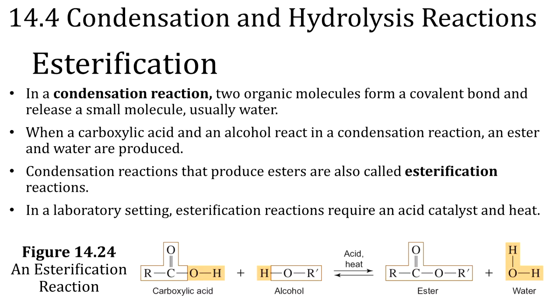The proton on the alcohol and the hydroxyl on the carboxylic acid combine to form water, and then RCOOR forms. We produce an ester. So in laboratory settings, if we're going to do an esterification reaction, we typically require an acid catalyst and heat. In biological systems, there can be biological catalysts that can control the growth of these systems.